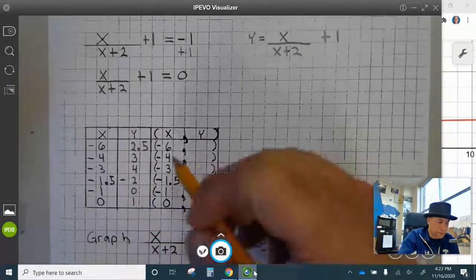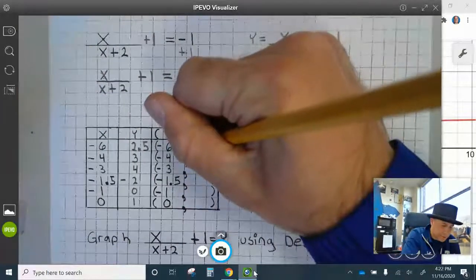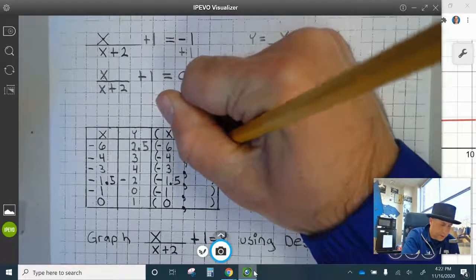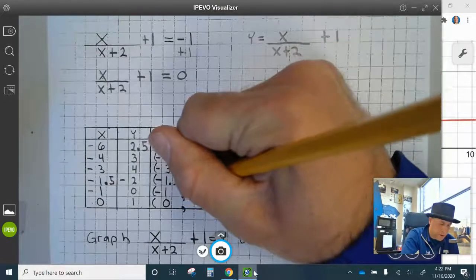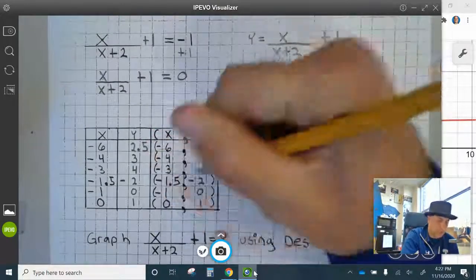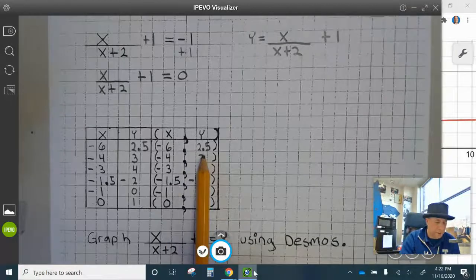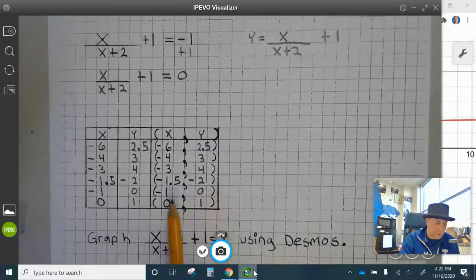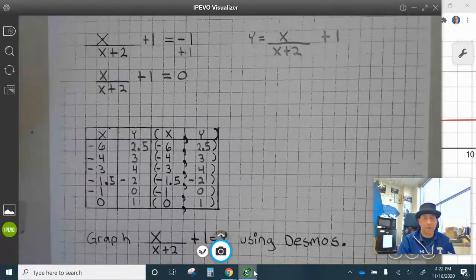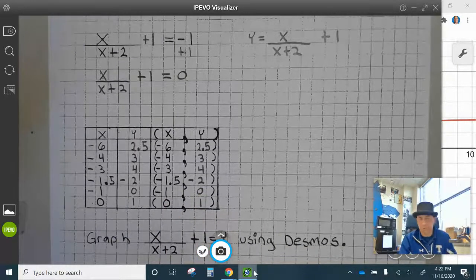And now as a point, well, that's just -6, 2.5, 3, 4, -2, 0, and 1. So -6, comma 2.5, -4, comma 3, -3, comma 4, -1.5, comma -2, -1, comma 0, and 0, comma 1. Okay, go and complete the table.